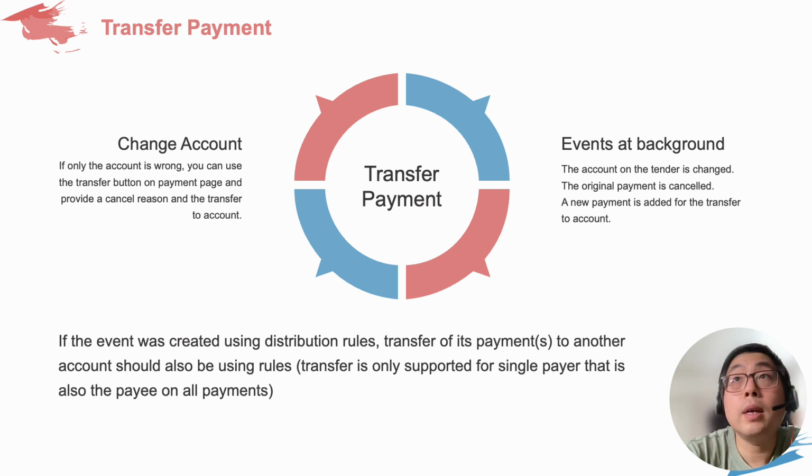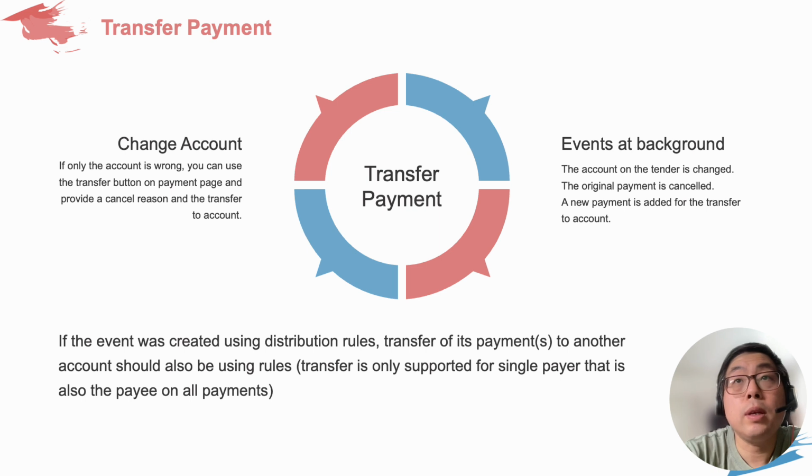So if the account on the tender is changed, then the system will cancel the existing payment and create a new one. If the event was created using a distribution rule, transfer of its payment to another account should also be using rules.